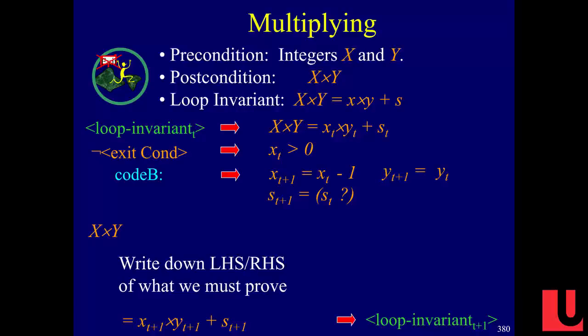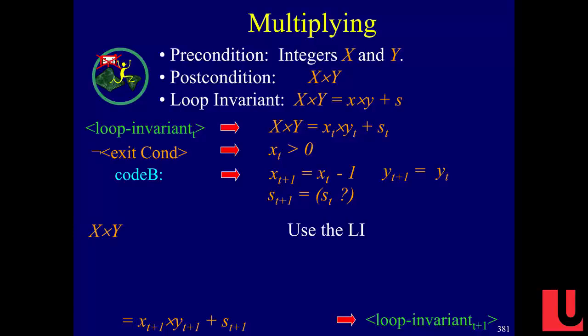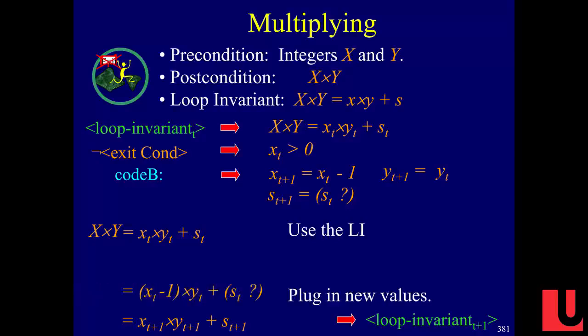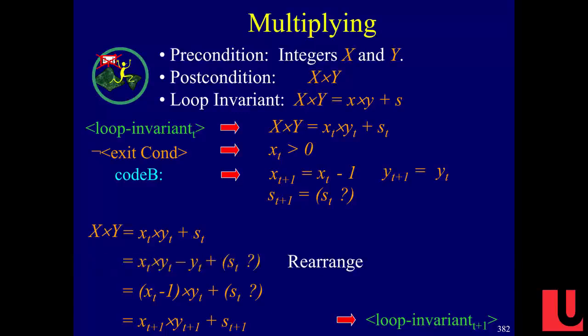So we write that down, and then we use the stuff that's up there. We use what we have to bring them together. We know the loop invariant, which brings us to here. We plug in the new values. Here's the relationship between the old values and the new values. And then we see this funny math here. We don't like that, so we multiply through.